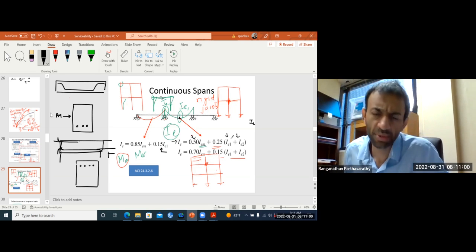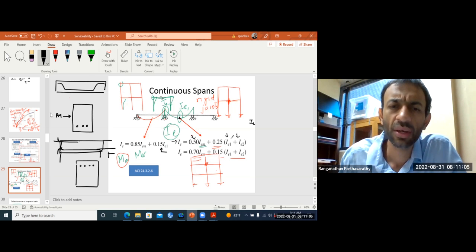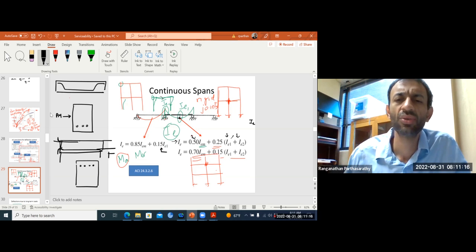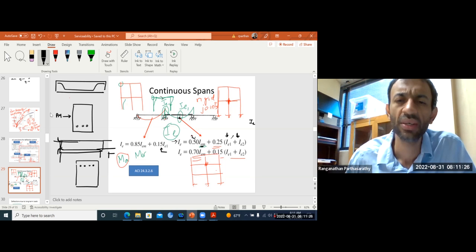They are basically interpolating between regions. You have your negative moment region, your positive moment region, and again a negative moment region. In each of these negative moment regions, you will have an IE1 and IE2, and this is your midspan, the positive moment region. You can use this formula when both sides are continuous.